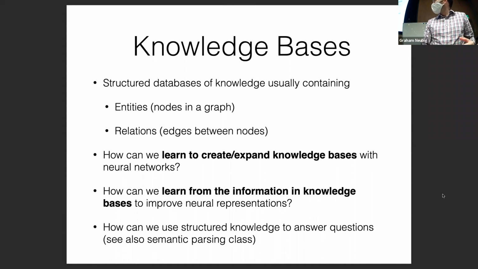So we answered the question of how can we use structured knowledge to do things like answer questions or do symbolic reasoning in the semantic parsing class. But behind this symbolic reasoning, you also need to have a database of knowledge that can support it. So that's the point of this class.